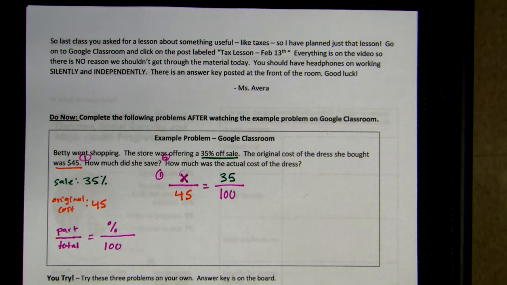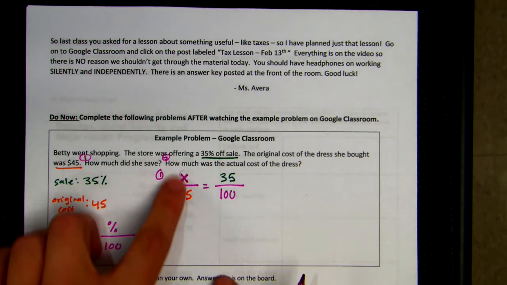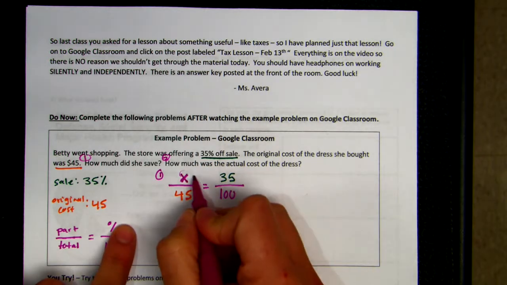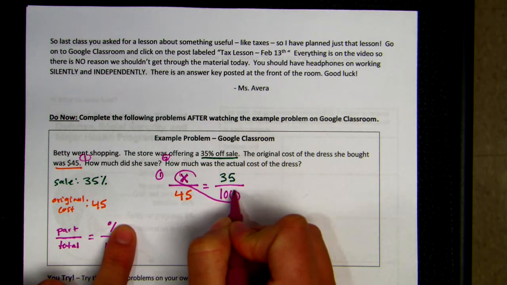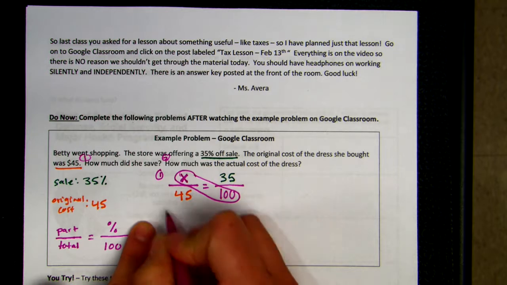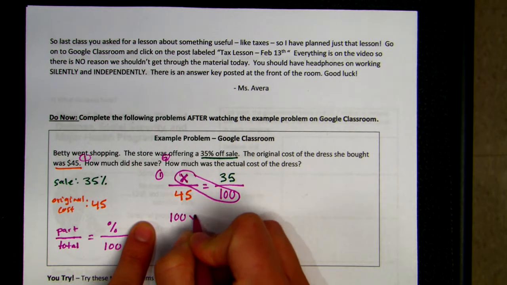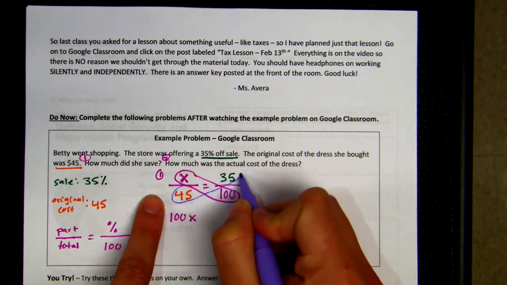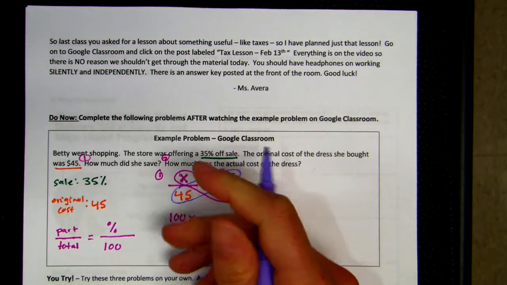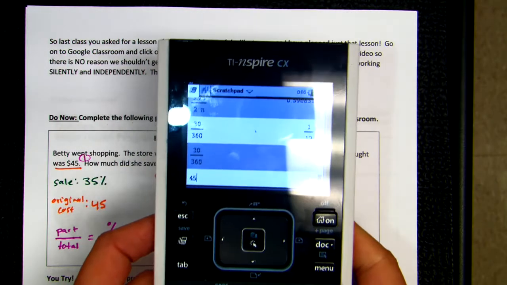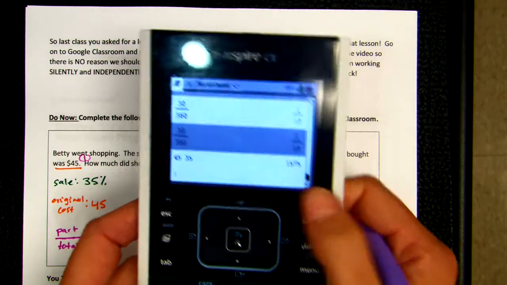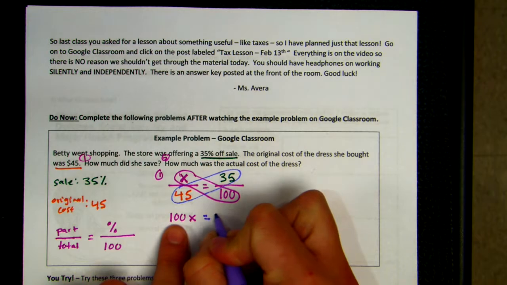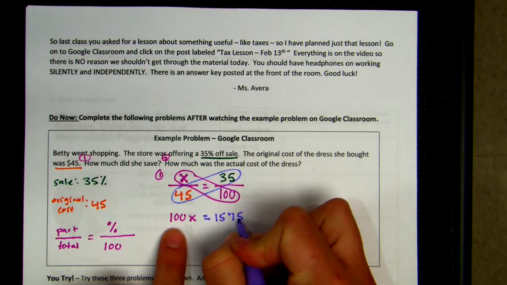Okay? From there, if you've got a single fraction equal to a single fraction, we are going to cross multiply. So I cross multiply. X times 100 is 100x. Then I'm going to multiply these two together. When I do 45 times 35 in my calculator, I get 1575. So that is equal to 1575.